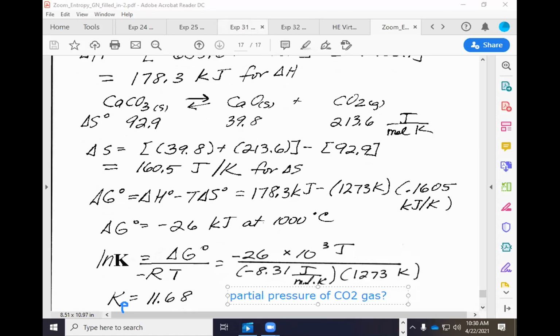And then you have to answer the last part of the question: what is the partial pressure of the carbon dioxide gas? So you're going to do that next.